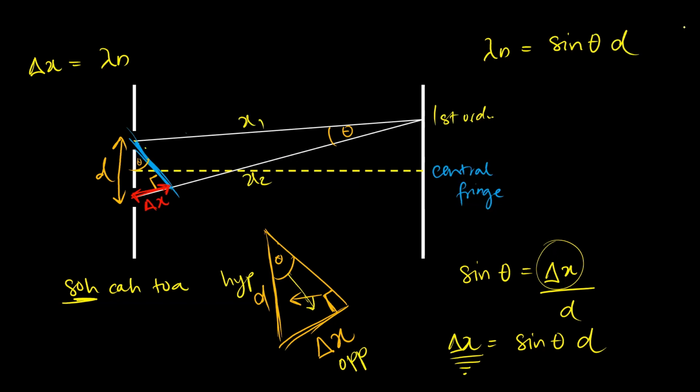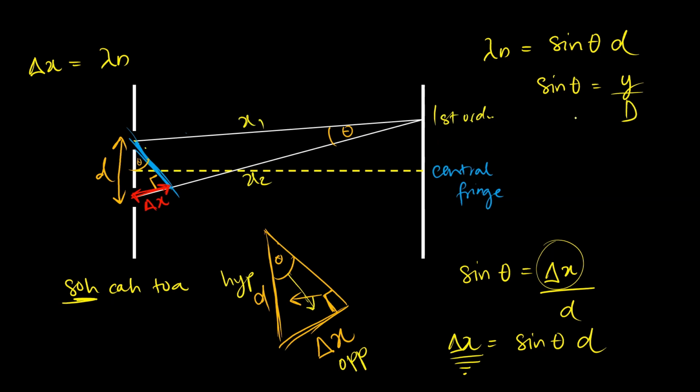Now, I'm just going ahead and substituting, because you can use the first equation on its own. You can use this substituted equation, and I'm going to further substitute sine theta that we got earlier to create a new equation. So depending on what is given in the questions, you'll have to pick which of the formulas you'll use. Remember earlier I said sine theta is equal to the distance between the fringes divided by the distance between the slits and the screen.